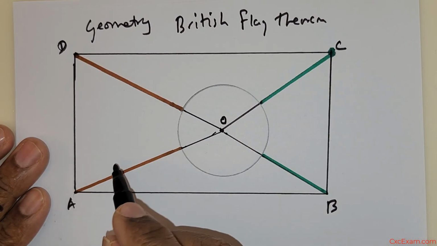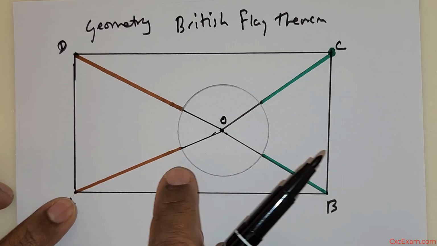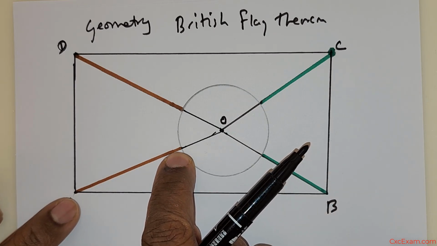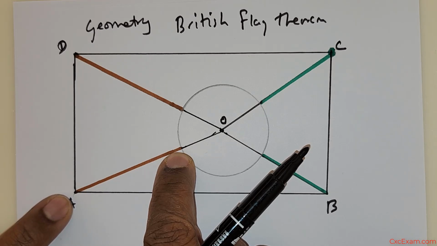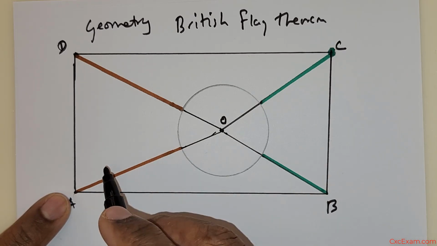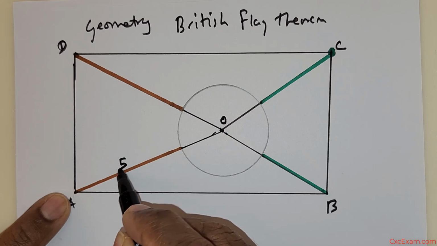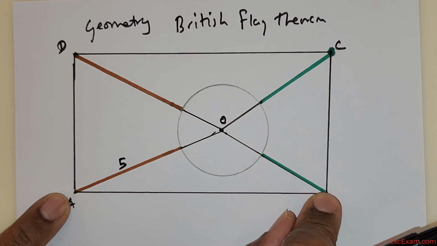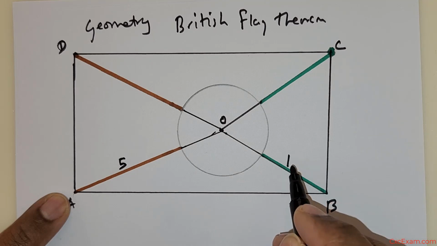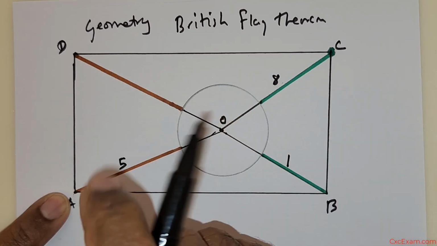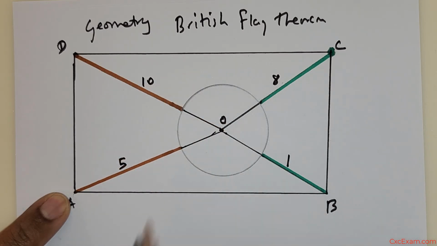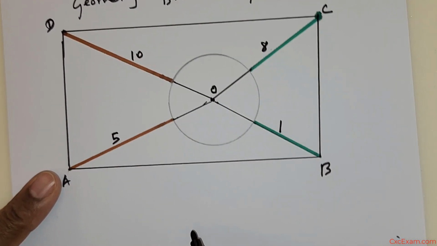Okay, so this distance all the way up to the circumference, to the corner A, is given as 5 units. This distance is given as 1 unit. This distance is given as 8 units. This distance is given as 10 units. Now what is the requirement?